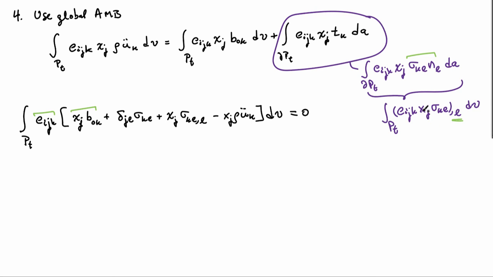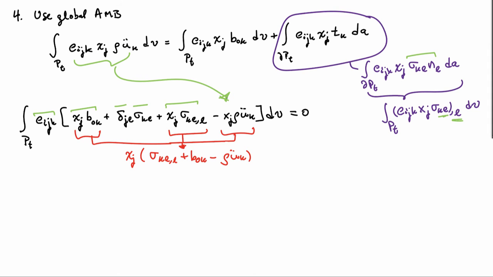So I'll have an xj comma l, which is going to give me a delta jl. And the stress I just rewrite, that's sigma kl. And then I'll have xj sigma kl comma l. So that's that term there. And then the last term, the acceleration term, is going to go over here.